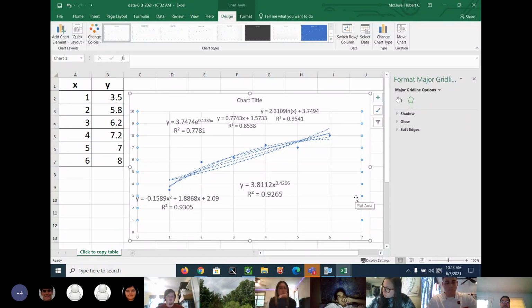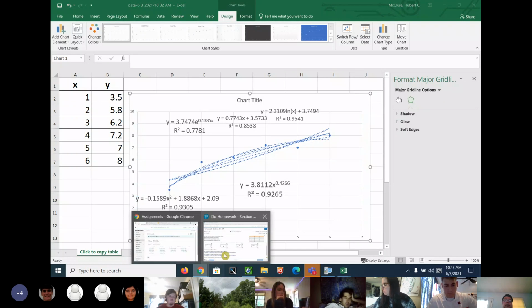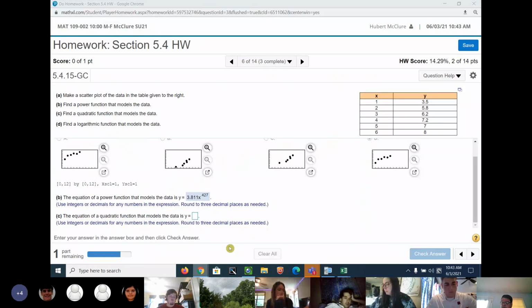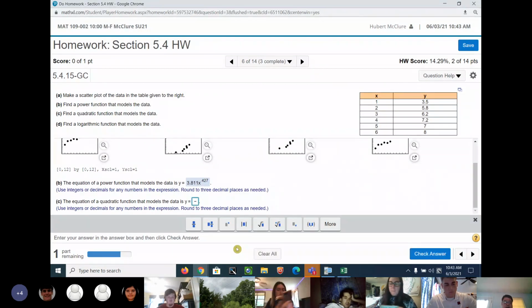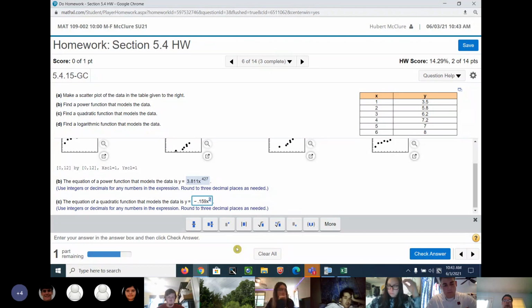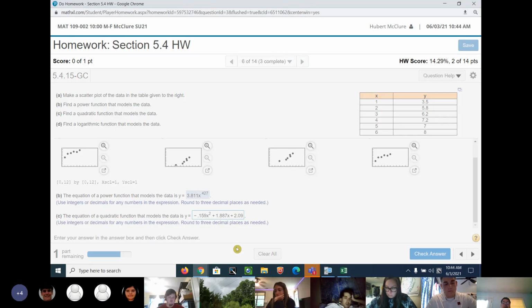So let's go back to the question and type in negative 1.159 x, shift up to the second power, plus 1.887x plus 2.09. Logarithmic.